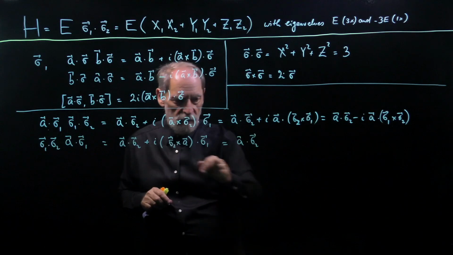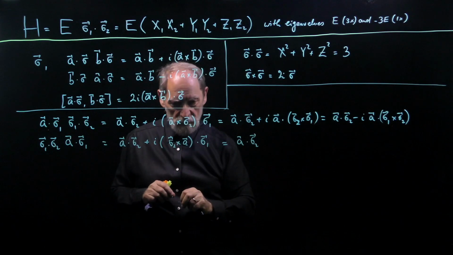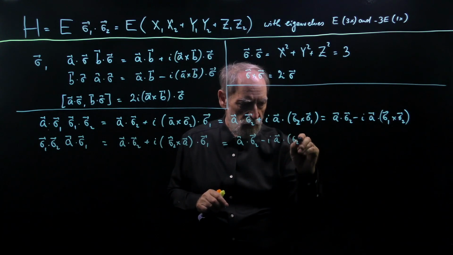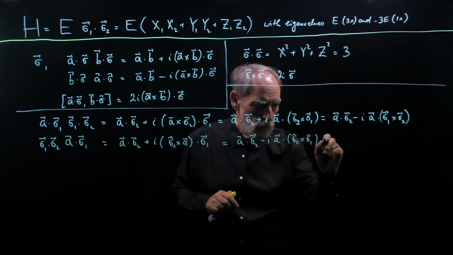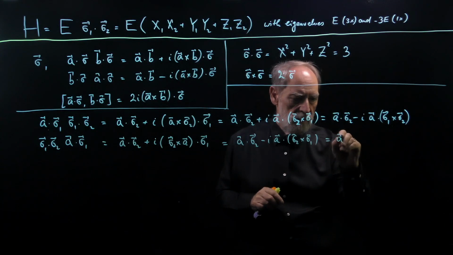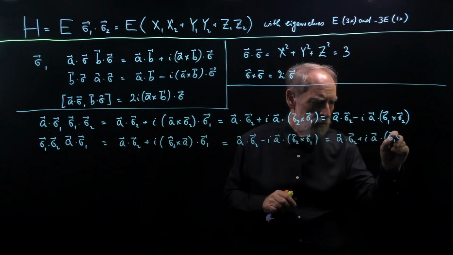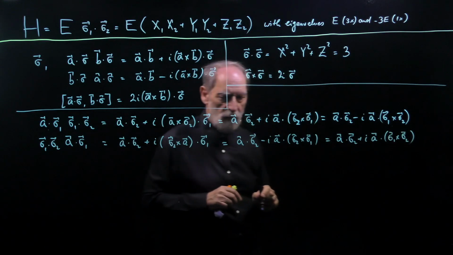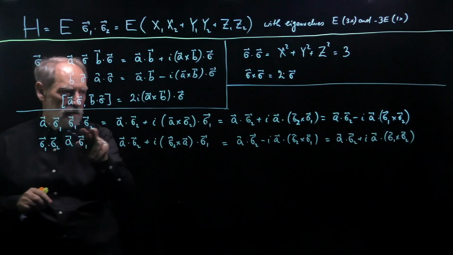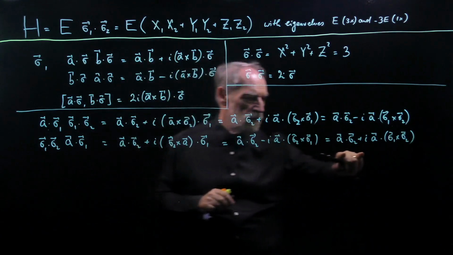And now I again want to have the a outside, but now taking the a outside, I will have to switch between sigma 2 and sigma 1, so I will get minus I a dot sigma 2 cross sigma 1, or if I begin here but I keep the cyclic order, then it will be a dot sigma 2 plus I a dot sigma 1 cross sigma 2. Okay, so we have this product giving us this expression. We have this product, which is the same factors but in the reverse order, giving us this expression.